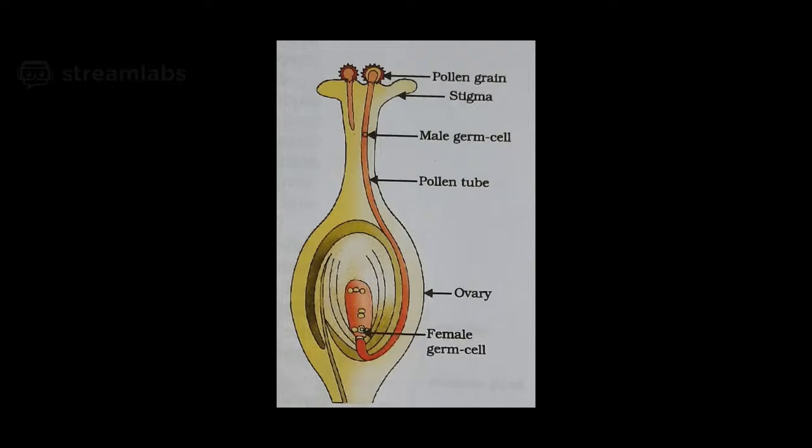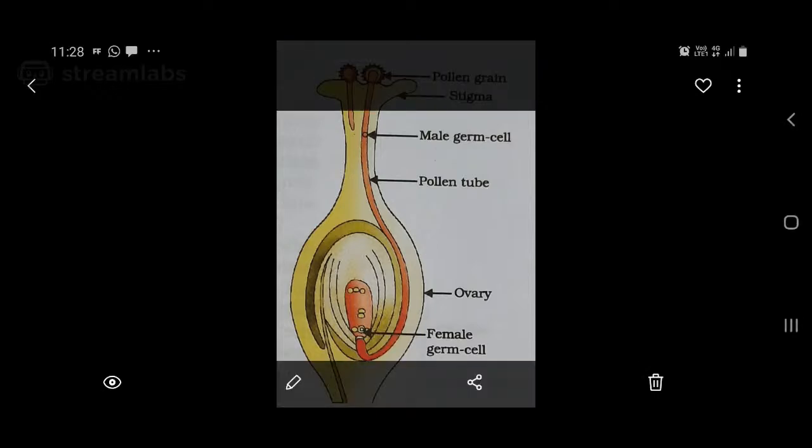The pollen sends a male gamete into the embryo sac. The embryo sac is a place which comprises the egg cell. The egg cell is nothing but the female gamete. That is also called a germ cell.